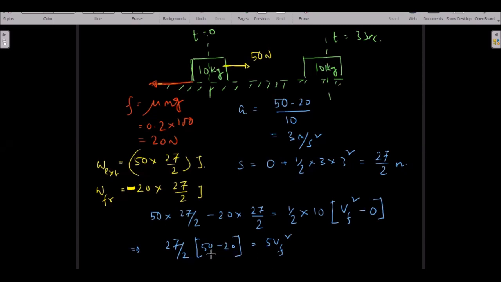So 50 minus 20 will come 30. So Vf square will be, this is 30, 5 and 6 will be cancelled. So 27 into 6 divided by 2, this 3 cancelled. So 3 into 27, 81. So how much Vf you got? Vf is equal to 9 meter per second. Correct?